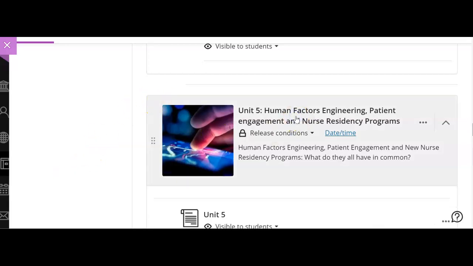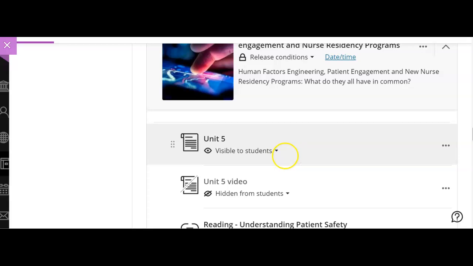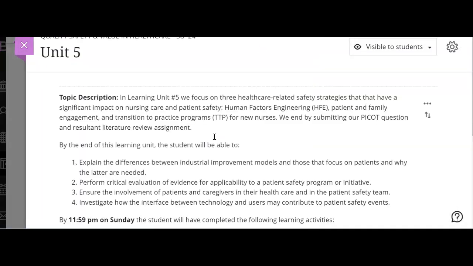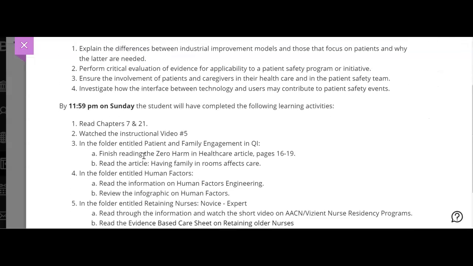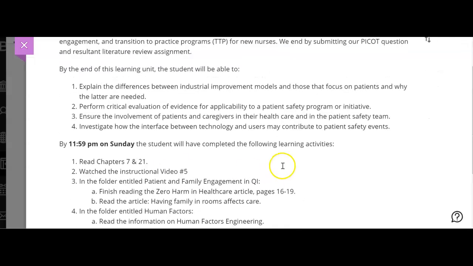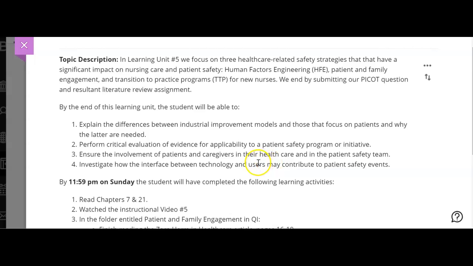When we click on, you're going to see the first document here is, of course, our topic description and our end of learning unit outcomes and what the learning activities are for the week. As I said, we're looking at 3 healthcare-related safety strategies that have a significant impact on patient safety in nursing care.